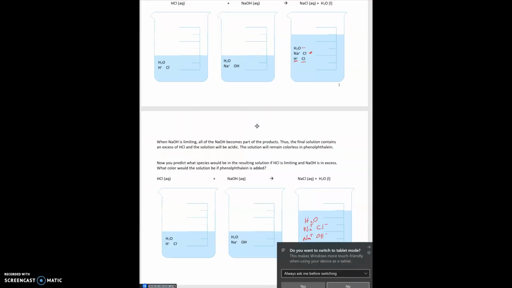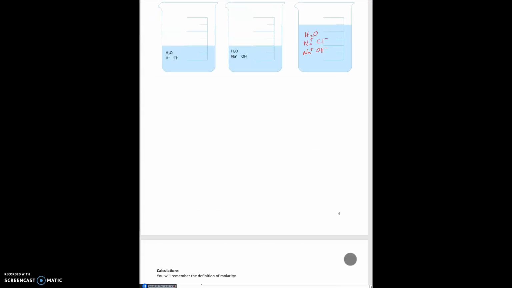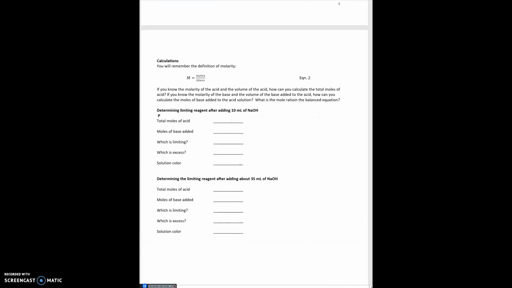All right, let's look at what's going to happen with the calculations. First off, remember the definition for molarity. Molarity, capital M, is moles per liter. Only use the uppercase M, not the lowercase, for molarity.